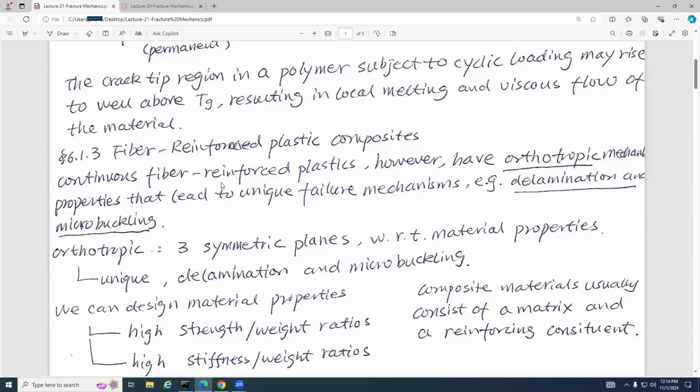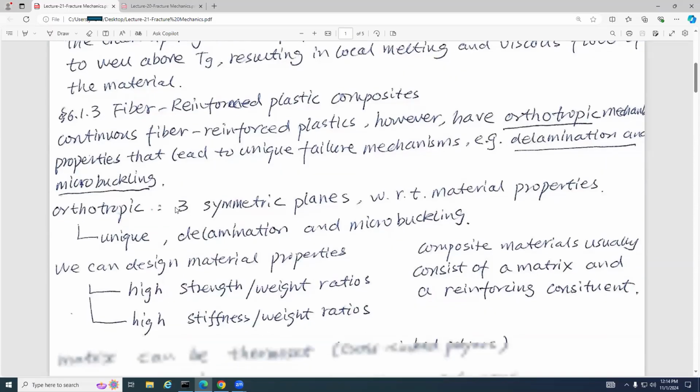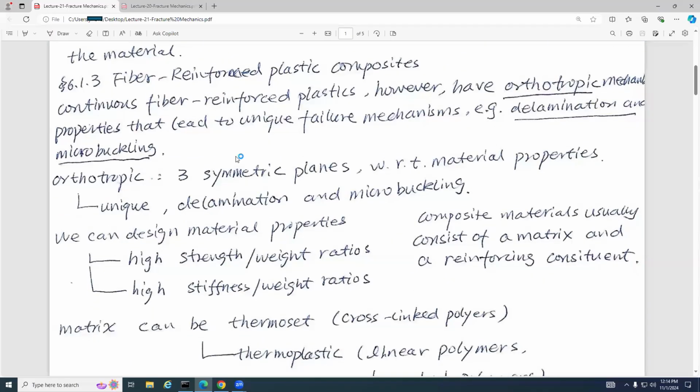Continuous fiber reinforced plastic, however, has orthotropic mechanical properties that lead to unique failure mechanisms, for example, delamination and microbuckling. So I'm going to talk about this. First, we talk about orthotropic.